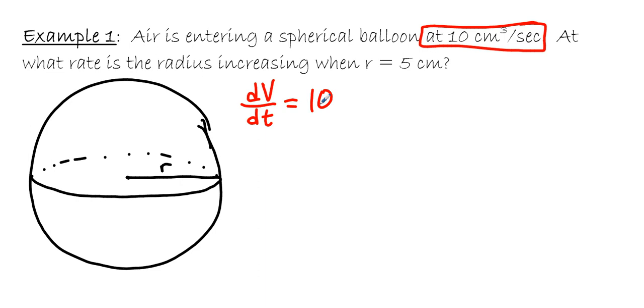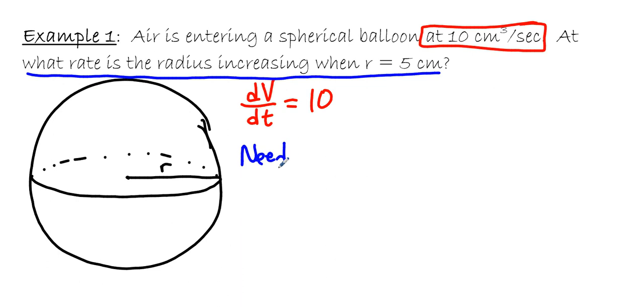So step 3 says we're supposed to talk about what we need. Well, what do we need? At what rate the radius is increasing. We need to know at what rate the radius is increasing when the radius is 5, because dr/dt will depend on r, and so we want to know what dr/dt is when r is 5.